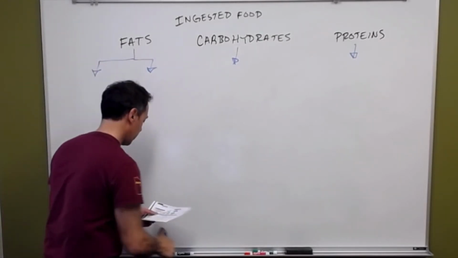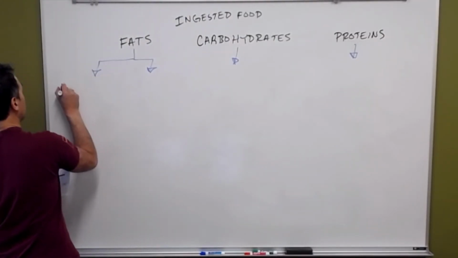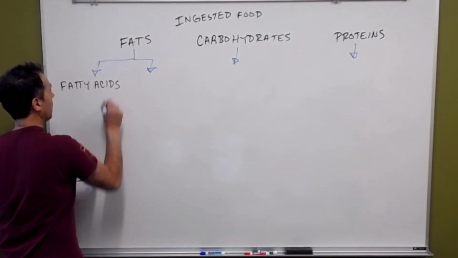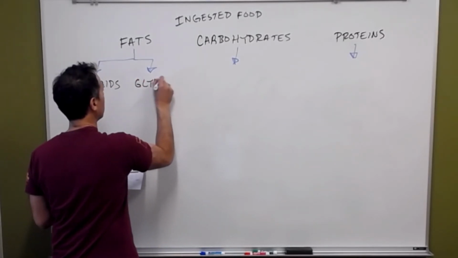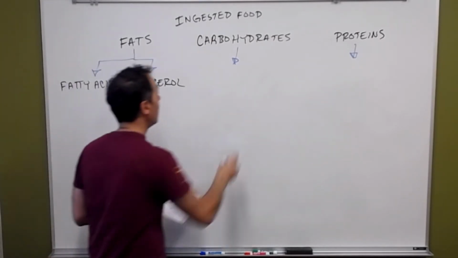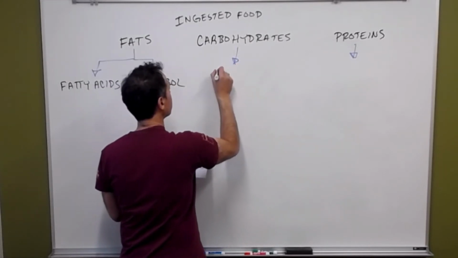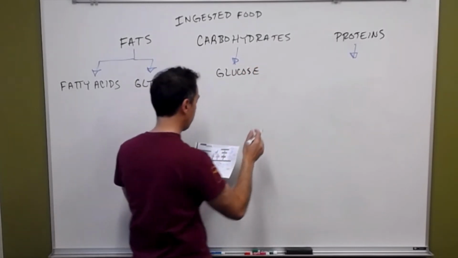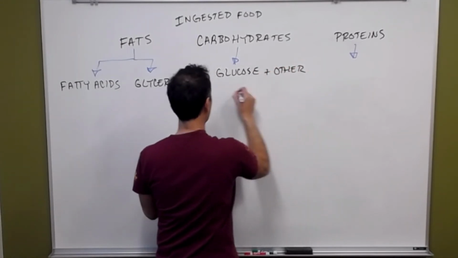And our fats will get broken down into fatty acids and into glycerol. And we saw both of these in the unit on lipids. Our carbohydrates are going to get broken down into glucose and other simple sugars.